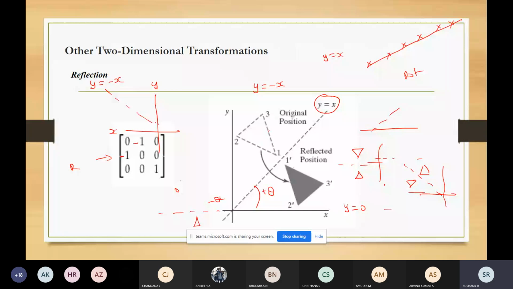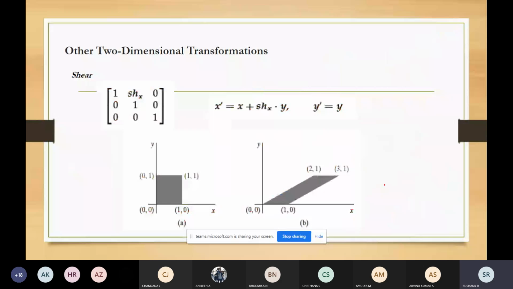After this, there is one more transformation called shear transformation. What it will do is distort the shape of the object. See, here the square is of good size, but the shape is distorted.